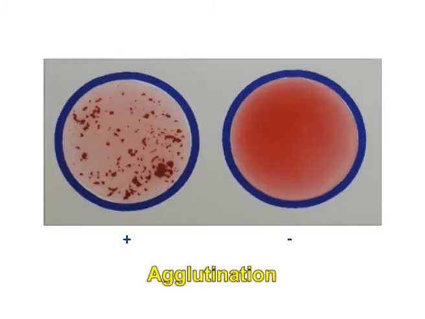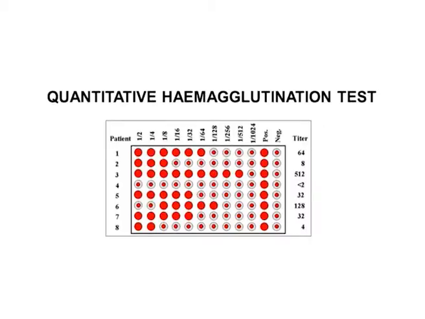Using agglutination, one can determine whether a patient had or has a bacterial infection. Quantitative agglutination test is the other name of agglutination reaction, where the measurement of the level of antibodies to particulate antigens is done.